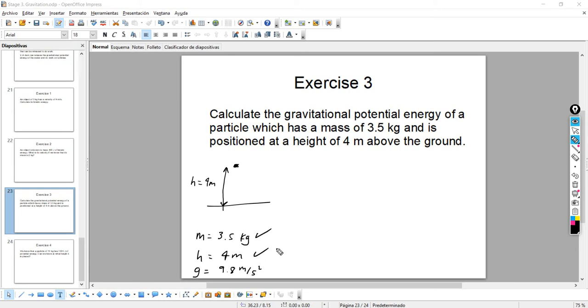And we have all the ingredients to calculate the gravitational potential energy, which is symbolized with a U. And that's equal to mass times gravity times height. So the potential energy is equal to 3.5 kilograms, which is the mass, times the gravity, which is 9.8 meters per second squared, times the height, which is 4 meters.